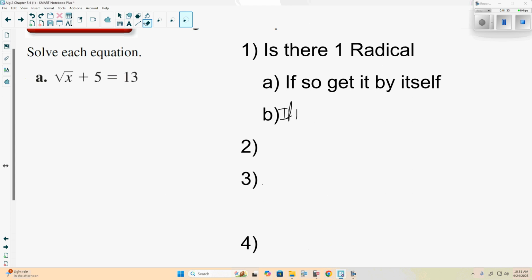If not, even them out. If there's more than one radical term, we're going to even them out.